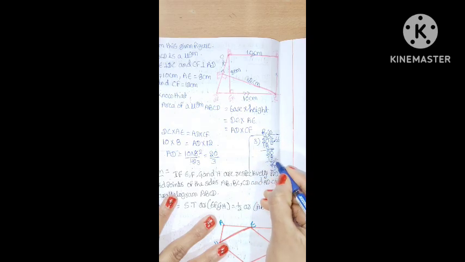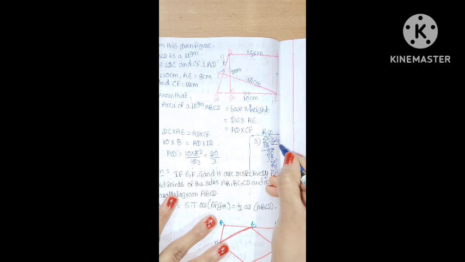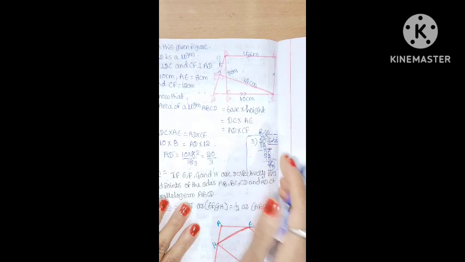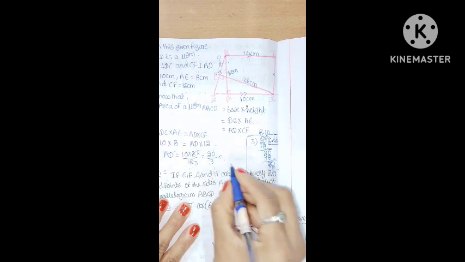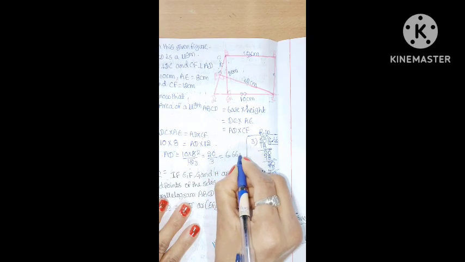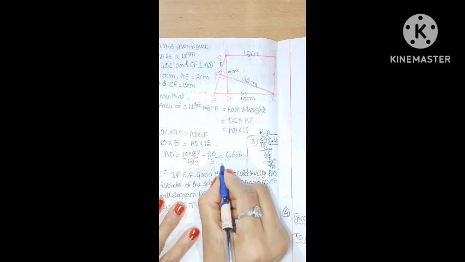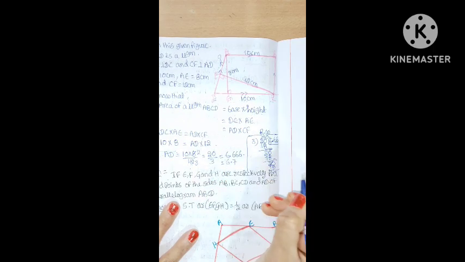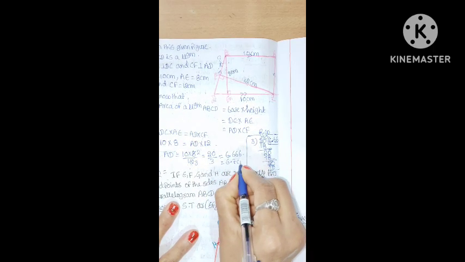So this continues, the same number is repeated here. So 6.666 and so on. So it is nothing but 6.7 that is considered here.